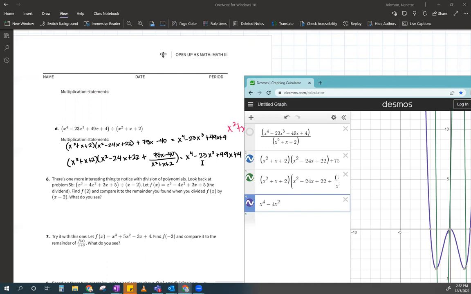Sorry. x to the 4th minus 23x cubed. 23x to the 3rd plus 49x plus 4. Oops, not 7, 4. And see, they all match, right? Do you see how they all match? This guy, and this guy, they all match. It means I'm correct.